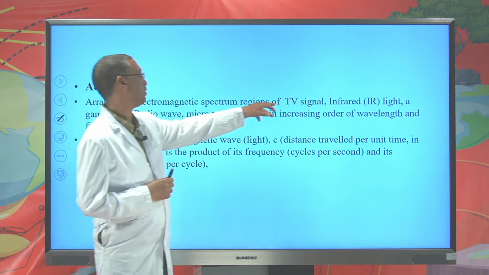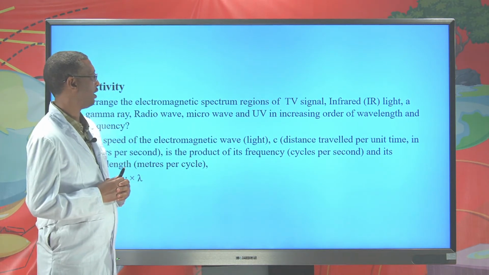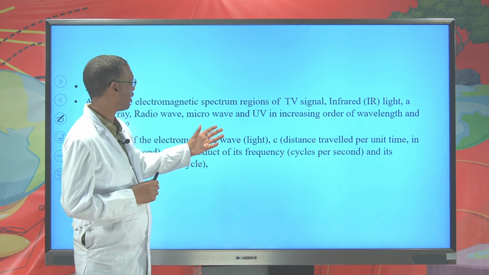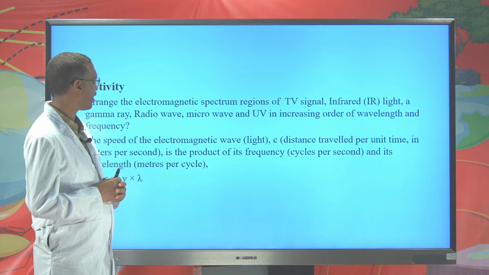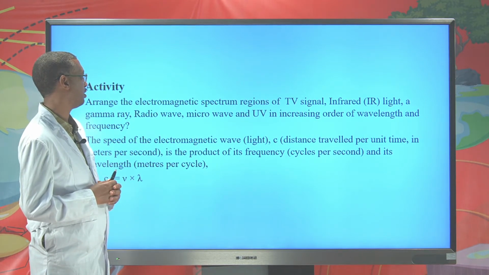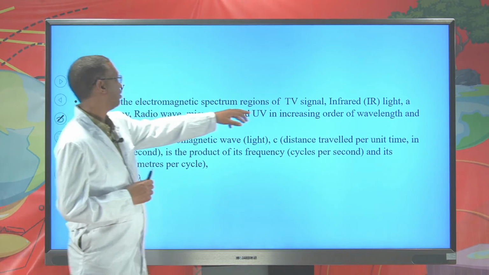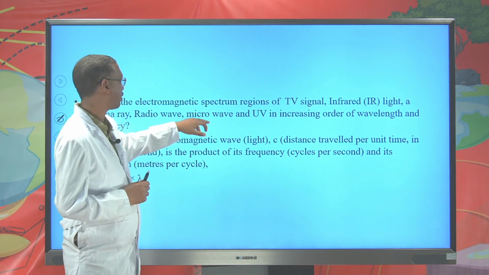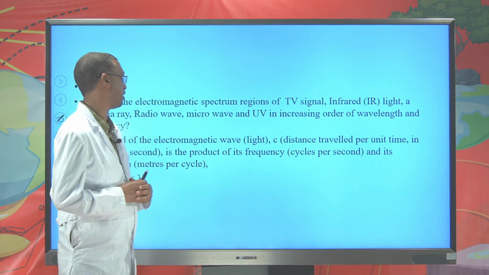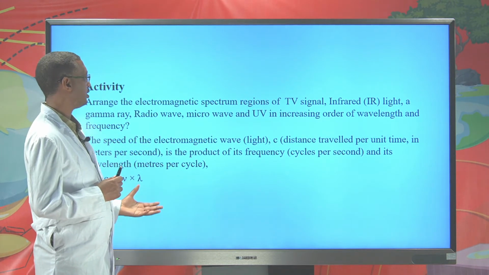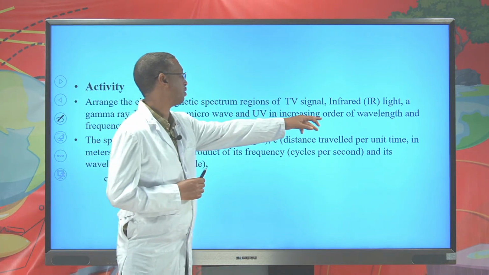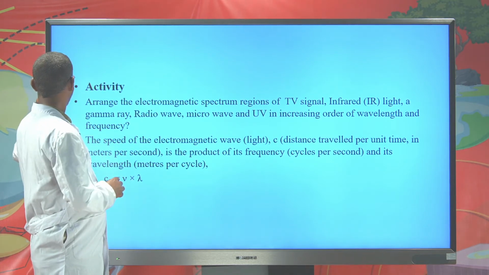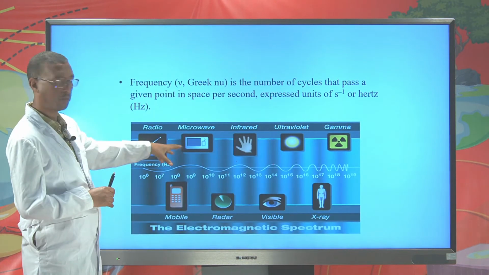For example, we have TV signal, infrared light, gamma ray, radio wave, microwave, and ultraviolet radiation. So you will write them in increasing order of wavelength and frequency based on this information.